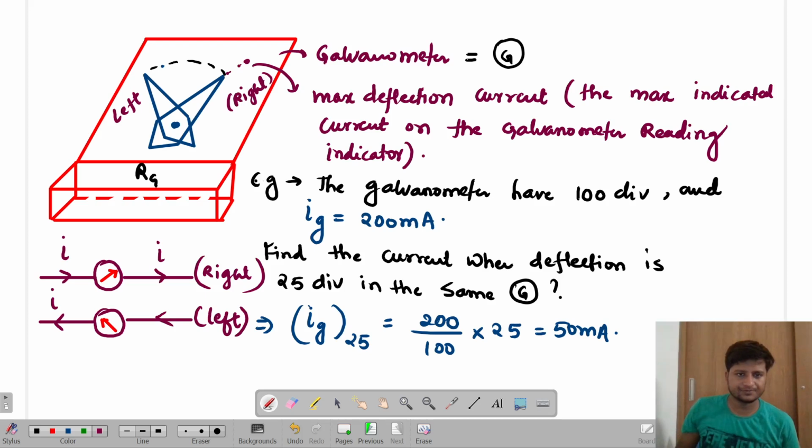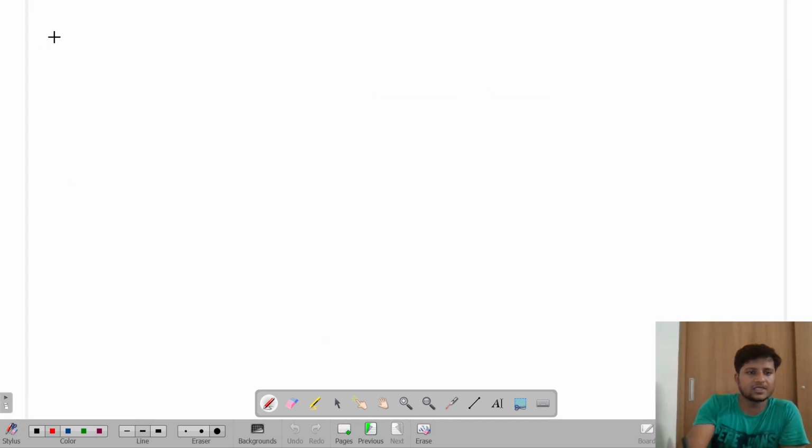Now look over here. Each division in the galvanometer represents two things, either the current or the voltage. This is why we define two quantities of galvanometer. Let's suppose I take an ideal, a normal galvanometer.